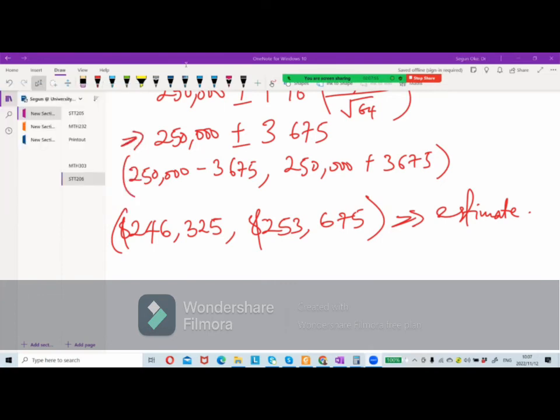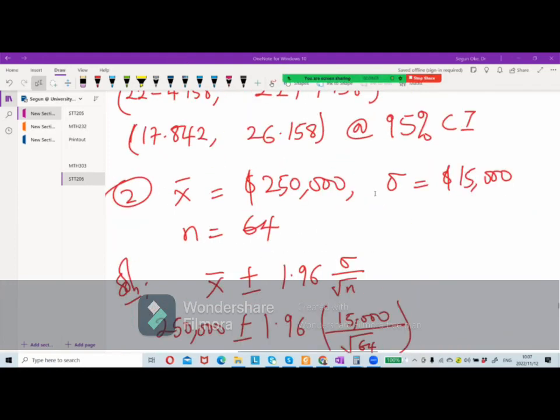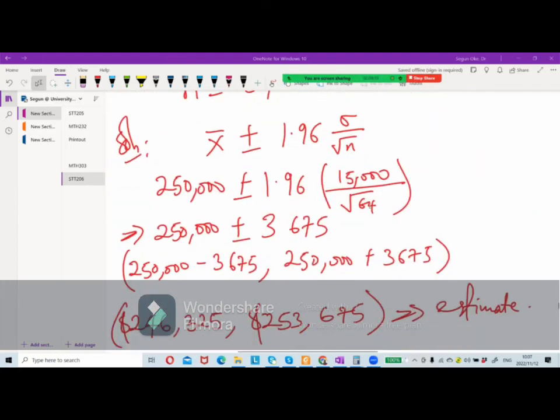Sir, sorry to bring you back, but please, how did we get the 3,675 we've been using to calculate? Yeah, it's here. 15,000 divided by square root of 64, which is 8, multiplied by 1.96.